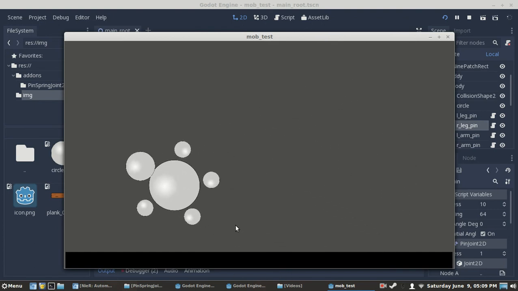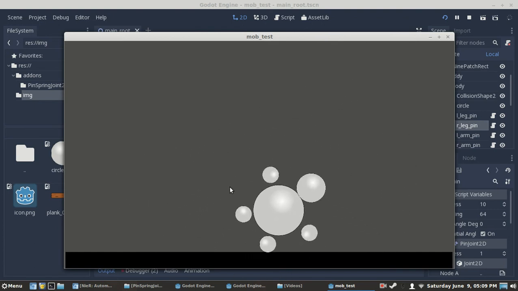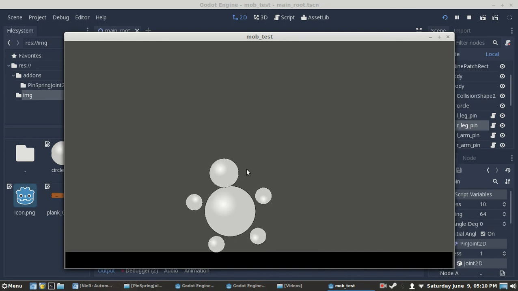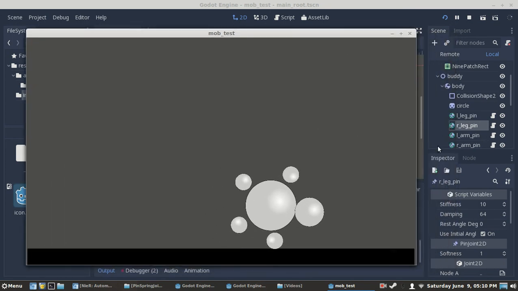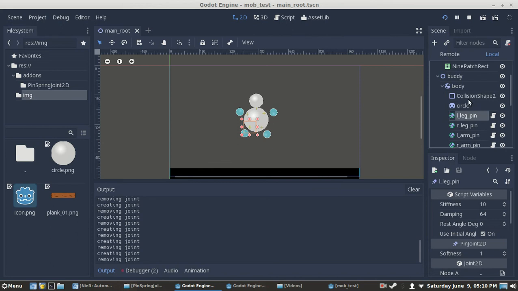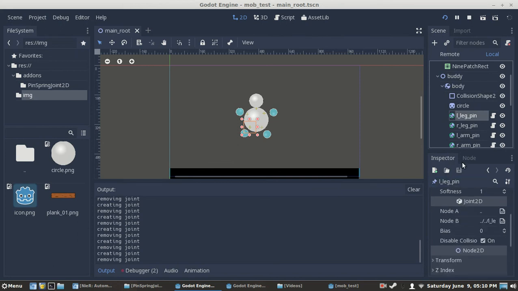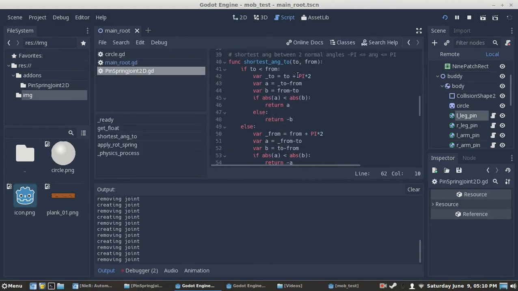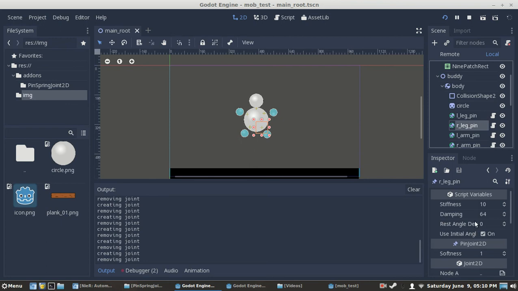But yeah, this is the spring. I'm going to put the source code in the description if anyone else wants to use it. It's a really simple class, and I use it in the plugin. I made this plugin to do this, so I can write them all like this, and it just inherits the pin joint.